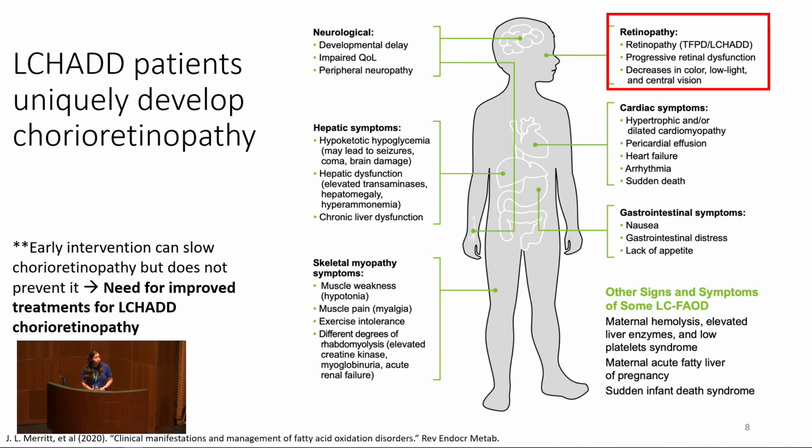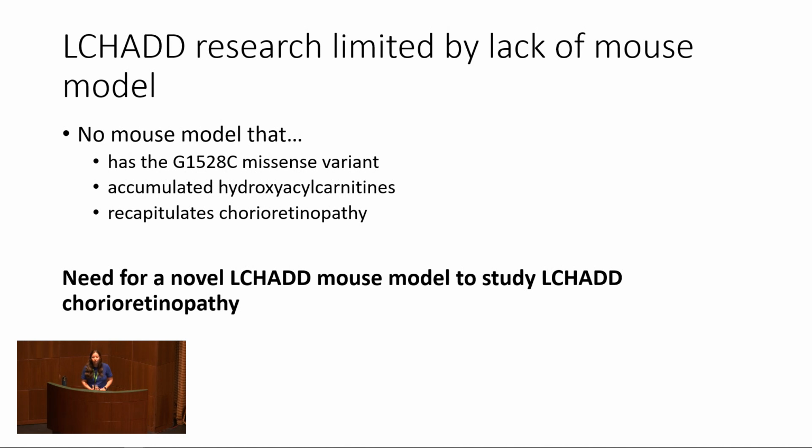This is the one I was focused on in my PhD, because it's currently not preventable using the current dietary management. So the goal was to find a new potential treatment for LCHADD chorioretinopathy.